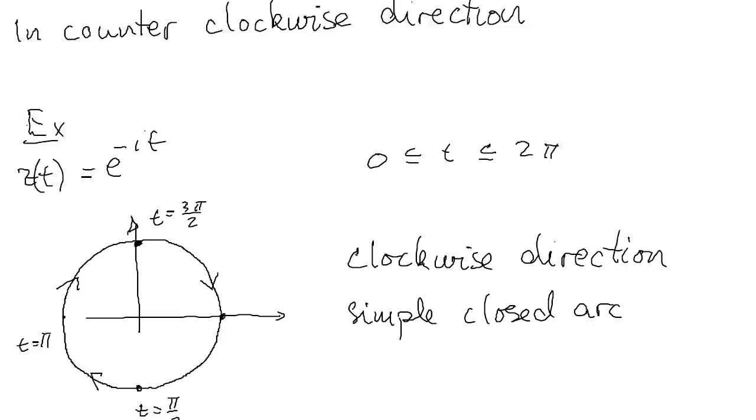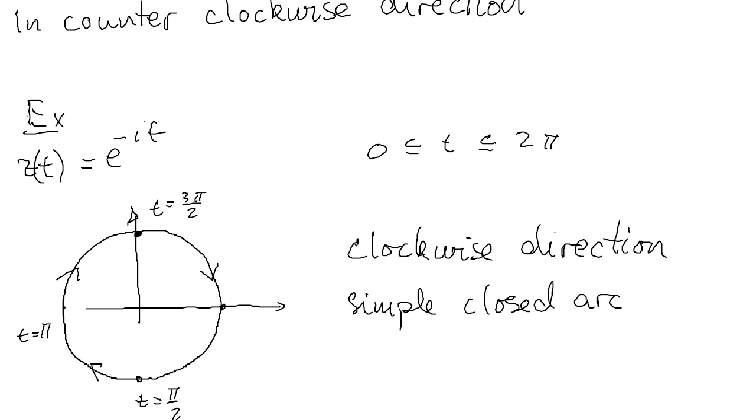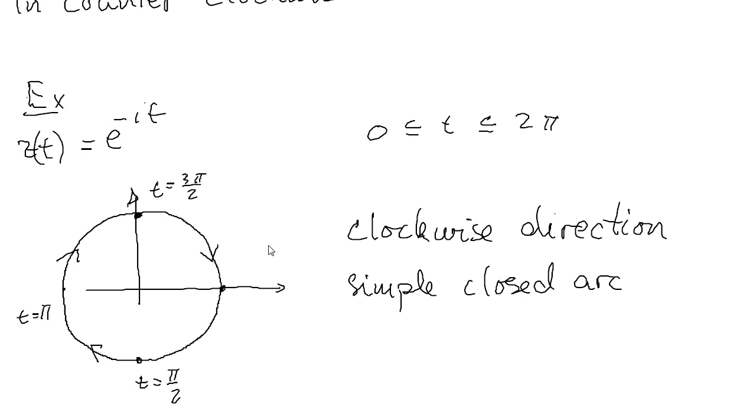Here we have a similar example, but notice that the direction we are moving from t equal to 0 to 2 pi is the other way. So when t is equal to 0, we start here, and at t equal to pi over 2, we are here, not here.